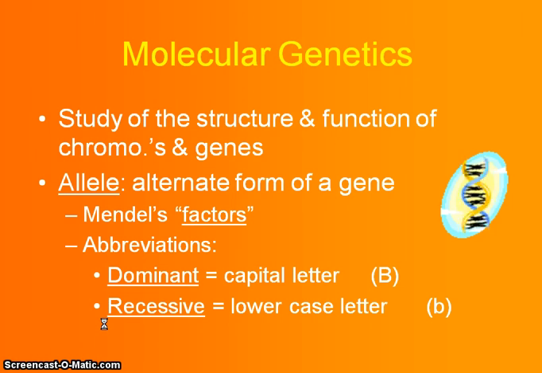So a gene is a segment of DNA that controls a particular characteristic, and alleles are the two different forms of a gene that you could have. So the term alleles is just replacing Mendel's factors. They're still dominant and recessive, and we're going to represent dominant alleles with a capital letter and recessive alleles with a lowercase letter.